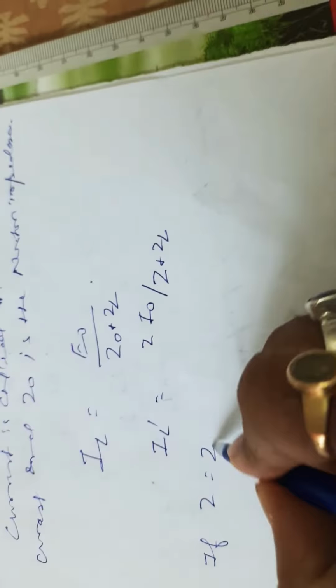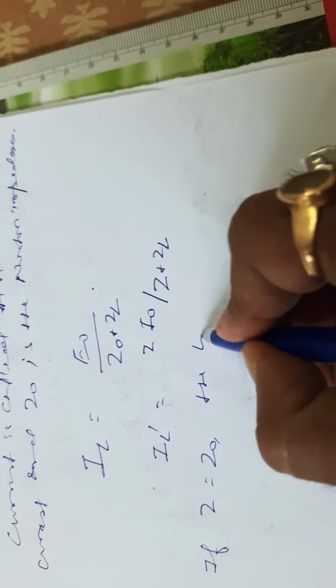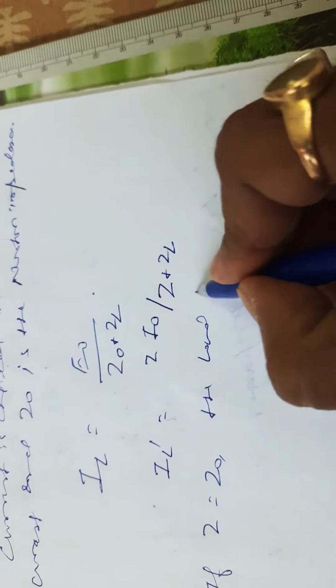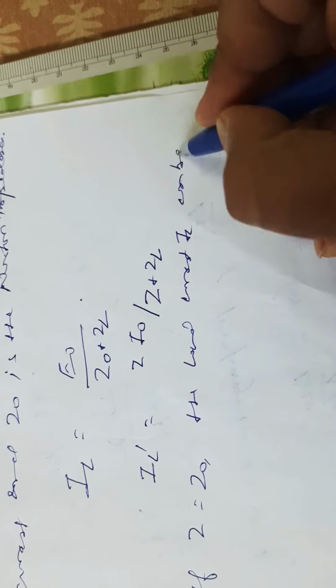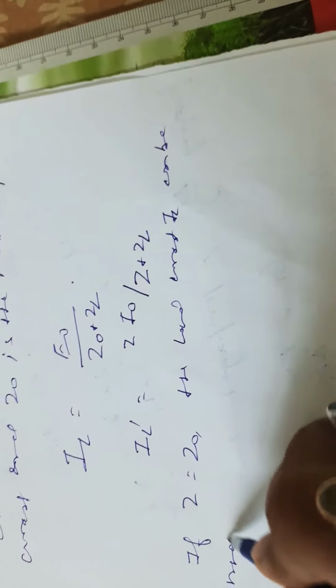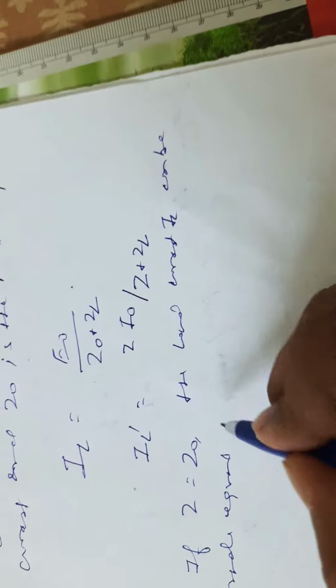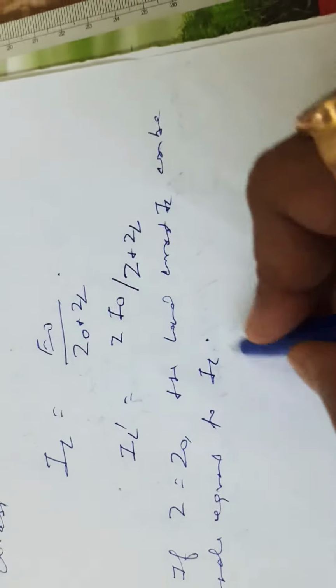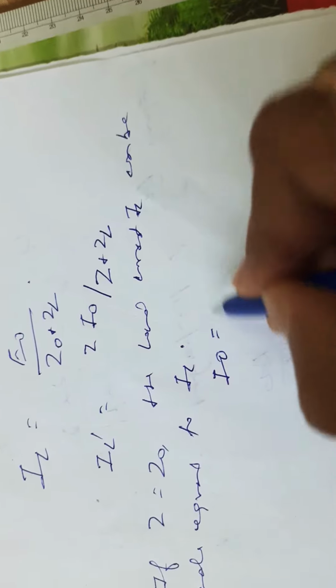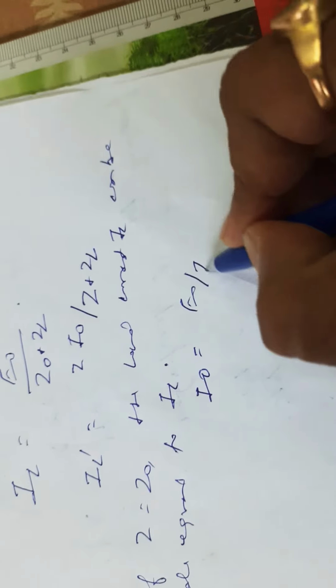Now if Z is equal to Z naught, the load current IL prime can be made equal to IL.